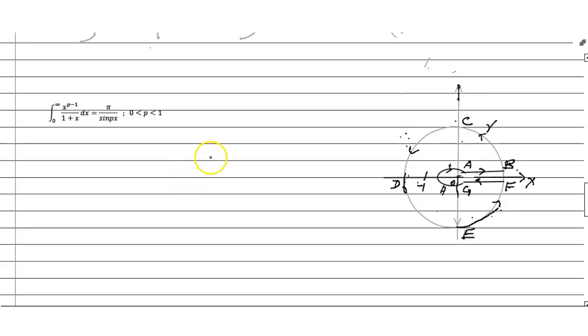So f(z) can be written as z to the power p minus 1 divided by 1 plus z, along the contour of the circles alpha and gamma, of radii a and capital R, and lines AB and FG along the x-axis.